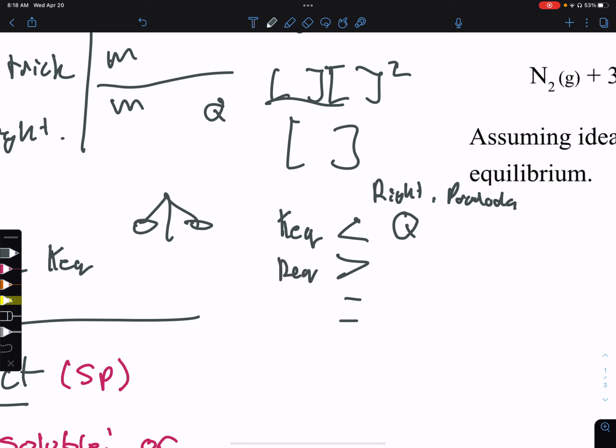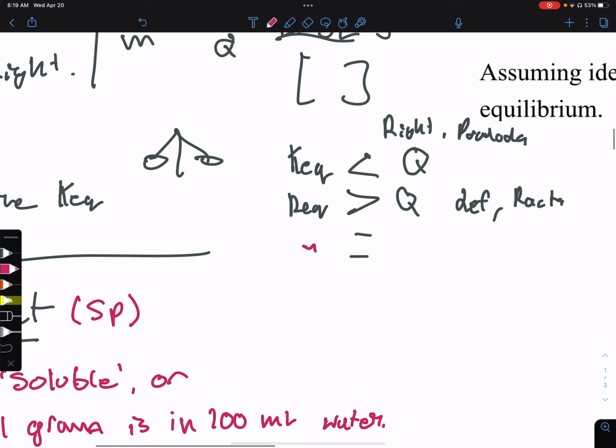So if the KEQ is greater than the actual Q value, then it's going to favor the left and the reactants. The way I remember this is the crocodile method. It's going to eat whatever's greater. So if it's less than, then it favors the right, and so on. And then obviously if it's equal to, then it's in equilibrium, and nothing is really going to change, although the reactions themselves don't stop.